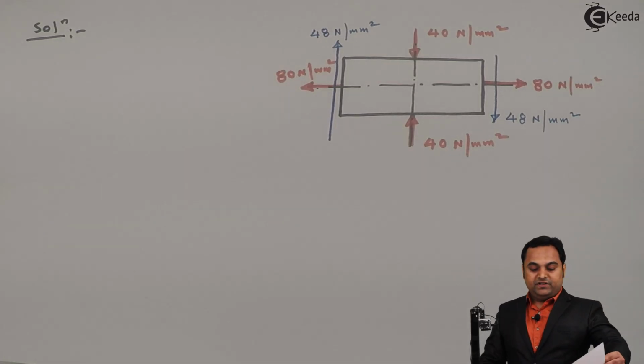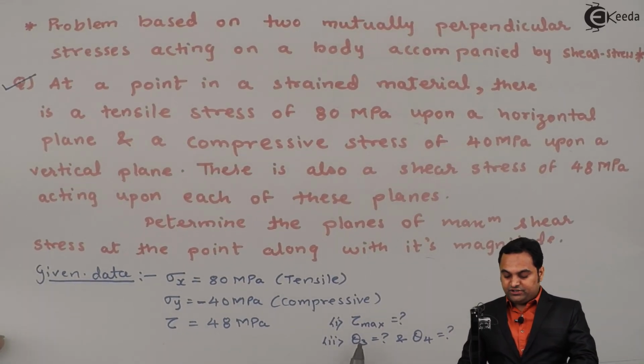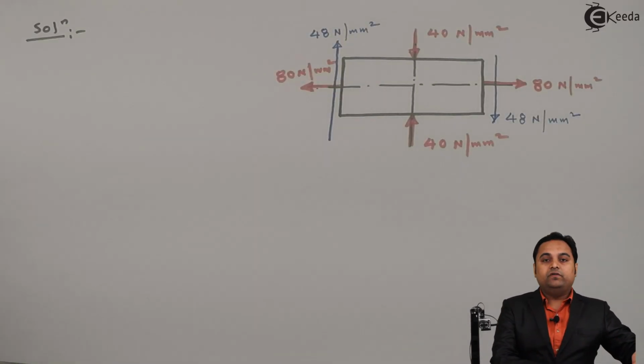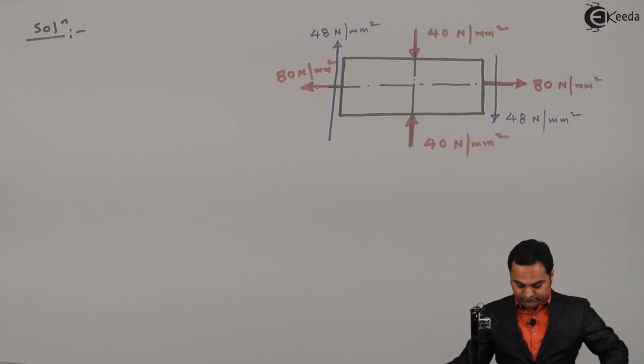Now once we have understood this, in order to calculate the maximum shear stress and its location, we will require the major principal stress and minor principal stress. So first we should start the calculation from that.